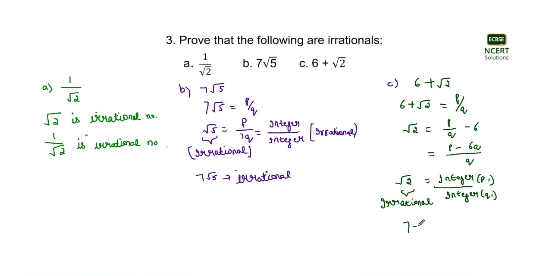So we conclude that 6 plus root 2 is an irrational number, as root 2 equal to integer by integer was derived from the number 6 plus root 2. So this is how we can prove that the numbers provided are irrational numbers. I hope this question is clear to all of you.